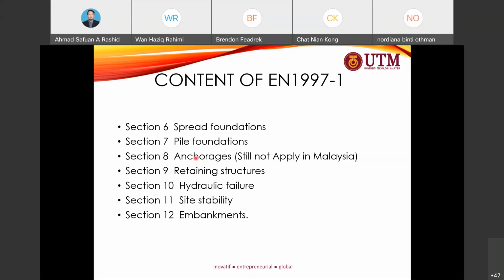I'm not sure why it's not ready yet. However, all the other sections have been addressed in EN 1997 Part 1.